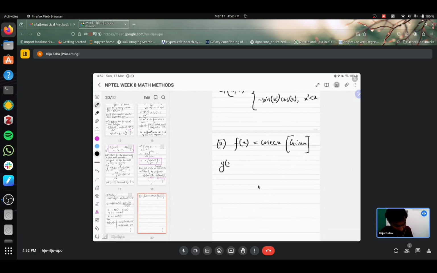So y of x would be the integral of f of x with the Green's function. For this problem, the boundary is between 0 and pi by 2.